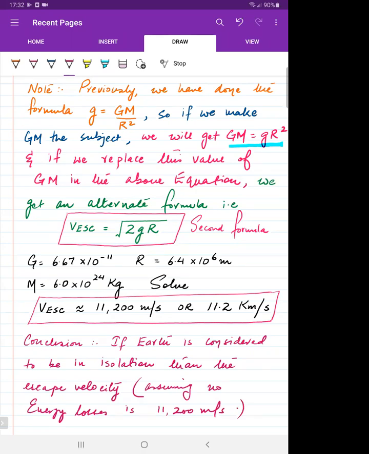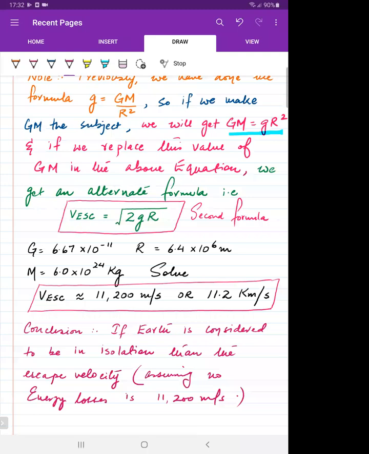So we can conclude. मोहम्मद हुसैन तुम्हारे क्वेश्चन का आंसर अभी दे देता हूं. So Ali Asgar, the answer that you have suggested उसको मैंने round off कर दिया. So if Earth is considered to be in isolation, then the escape velocity, assuming no energy losses, is 11,200.